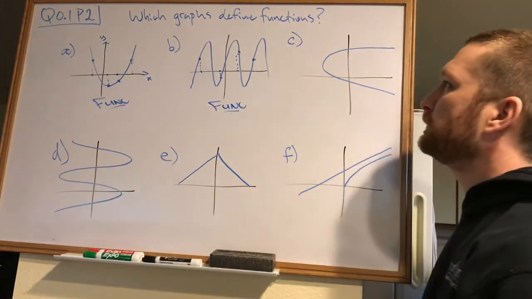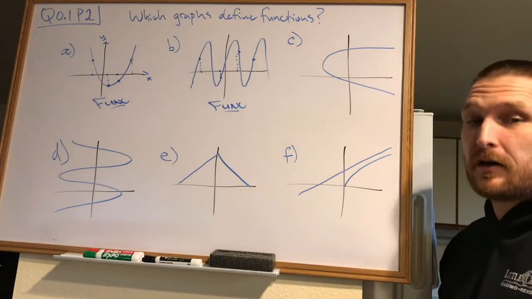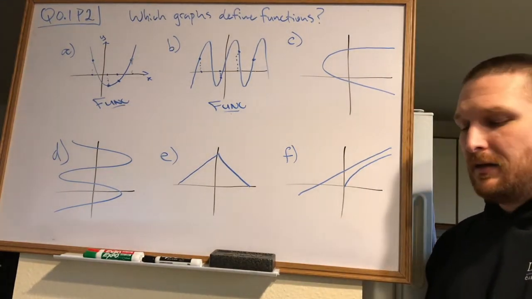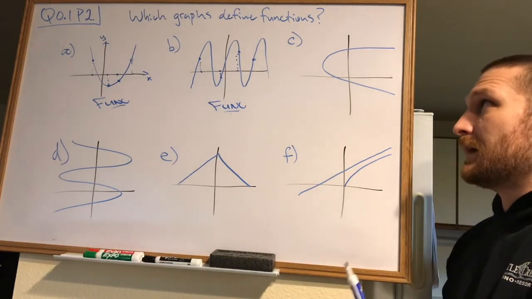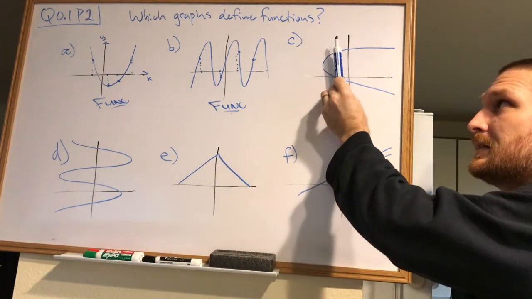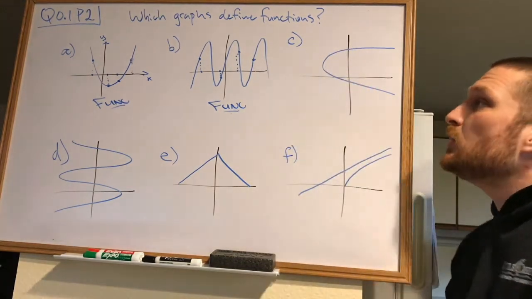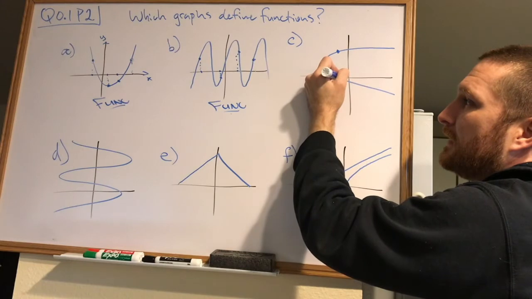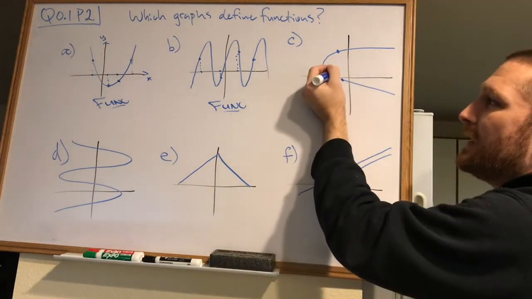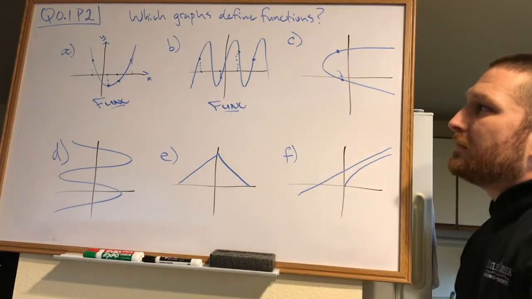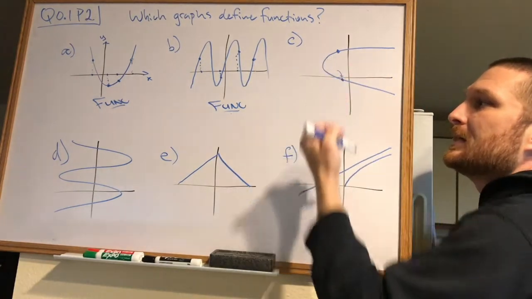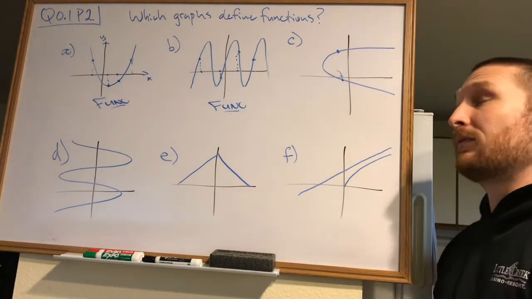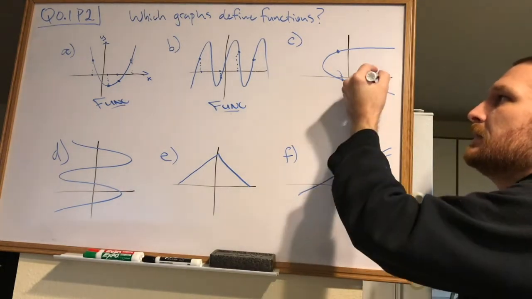That's a function. Moving on to C, though, it's pretty obvious that that's not the case. One way of saying that is that it does not pass the vertical line test. If I draw a vertical line, say right here, we get two places where it touches. It would touch here and here. That means that when this value of x is the input, we get these two values of y as the output. Same thing here.